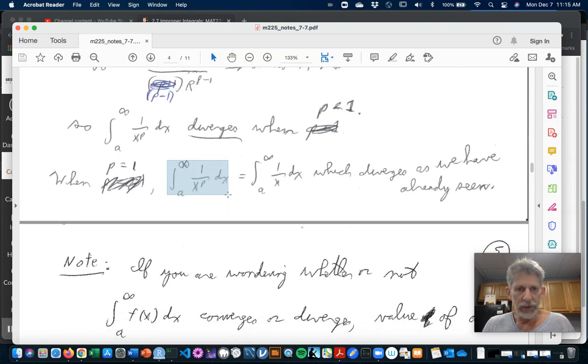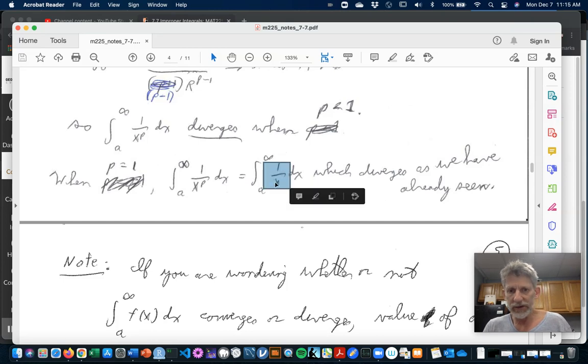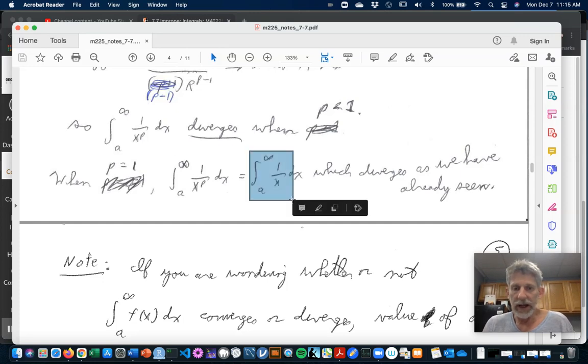Well, then your improper integral of 1 over x to the p dx is just 1 over x dx. But wait a minute, we already found when we looked at the integral from 2 to infinity that this integral diverged. And so actually the same thing is going to happen from a to infinity, for any beginning positive value a. It really doesn't matter where you start.